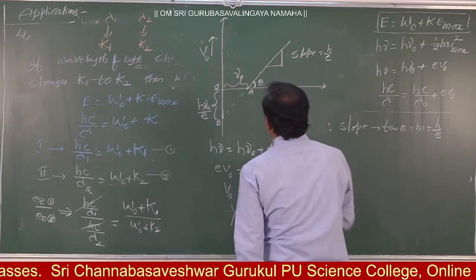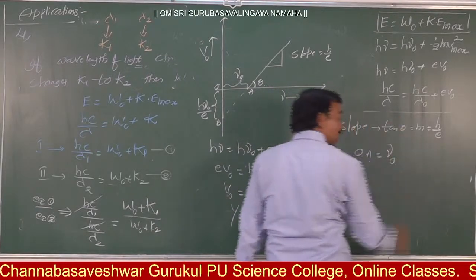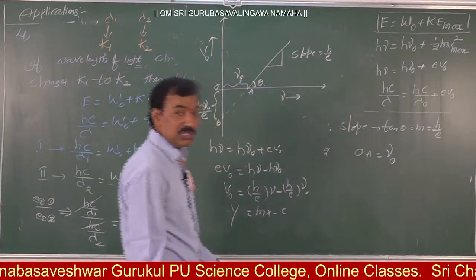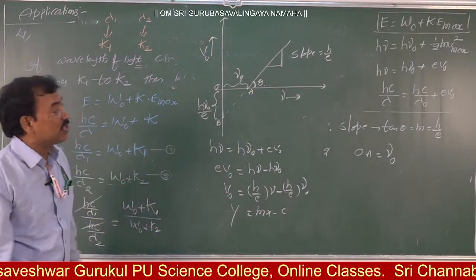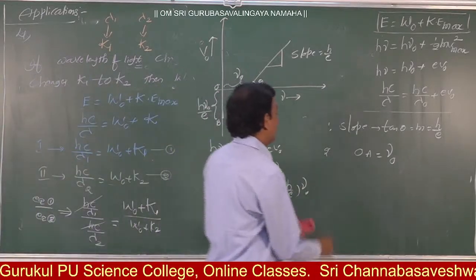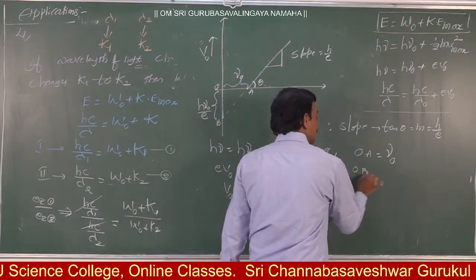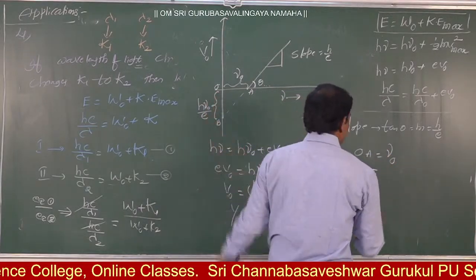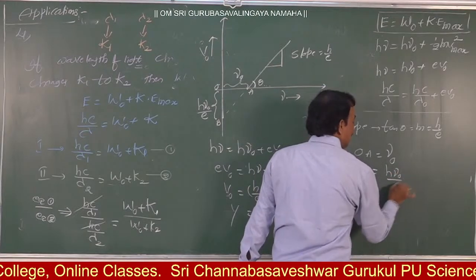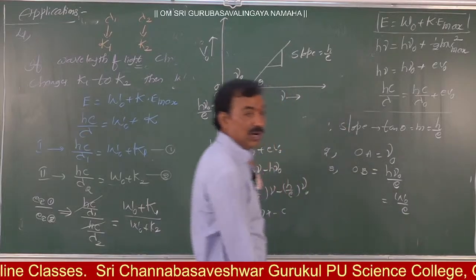Second, the x-intercept is OA, so OA is equal to nu naught, the threshold frequency. Third, OB is the y-intercept, which is h nu naught by e, or W naught by e.